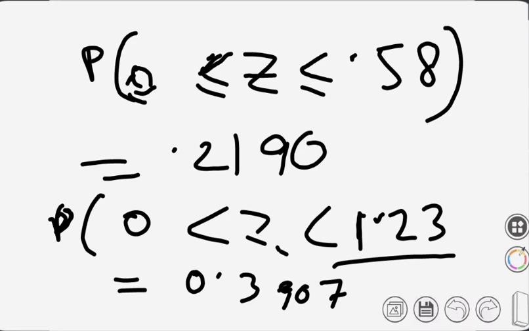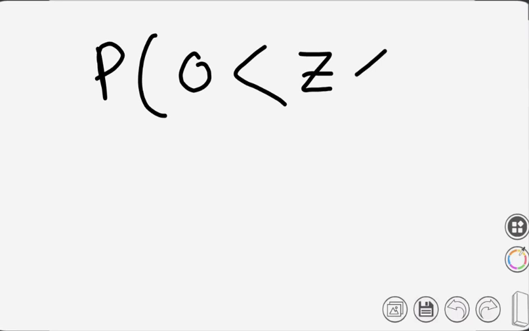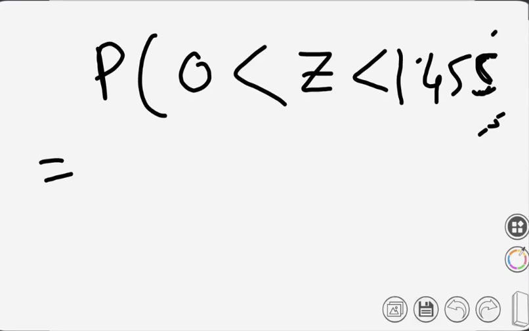Now listen carefully, this is very important. If I ask you what is the probability of 0 less than Z less than 1.455, that can also be found out, but it's a little difficult. It can also be found in the table.